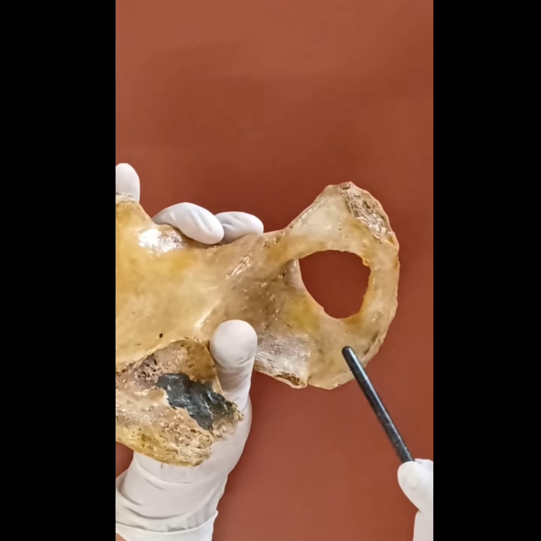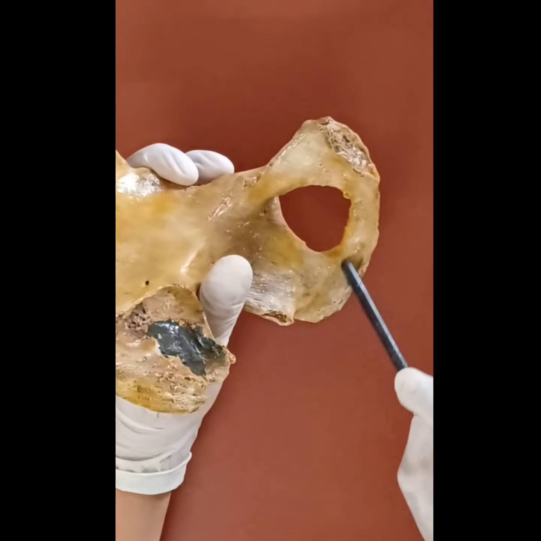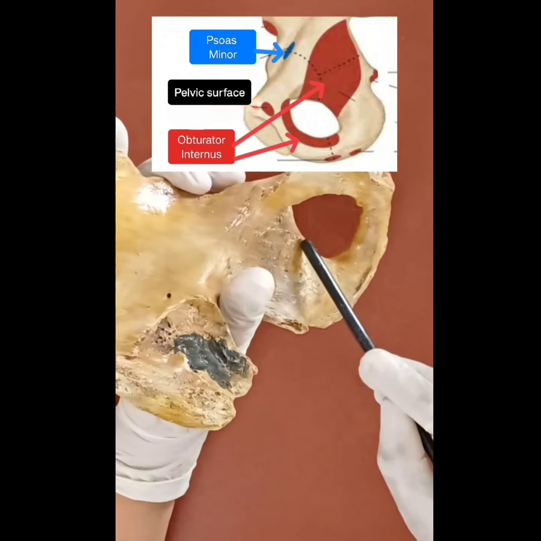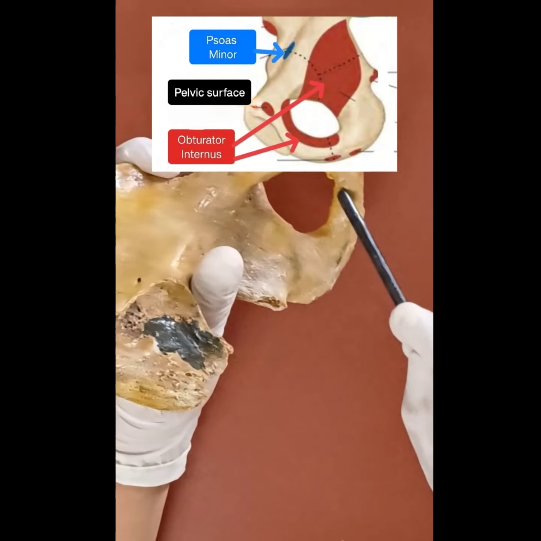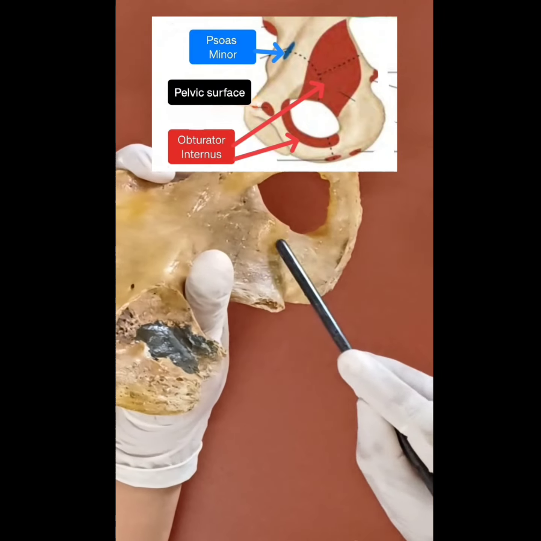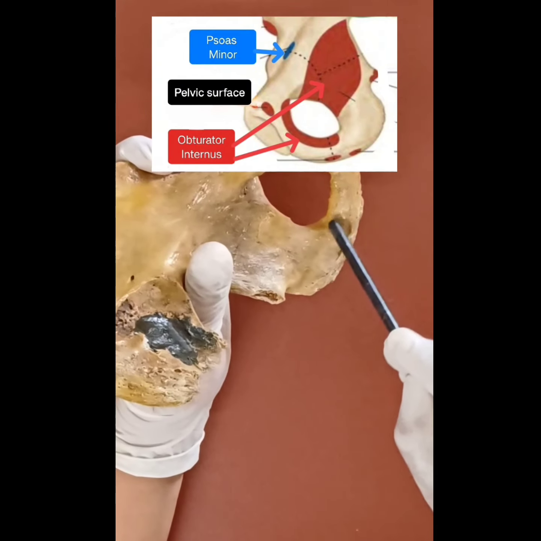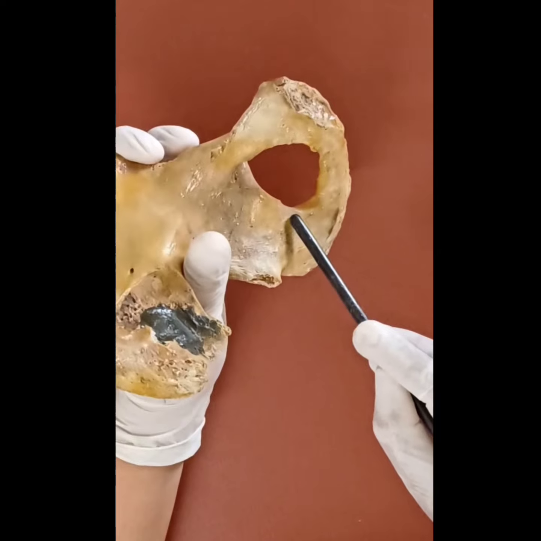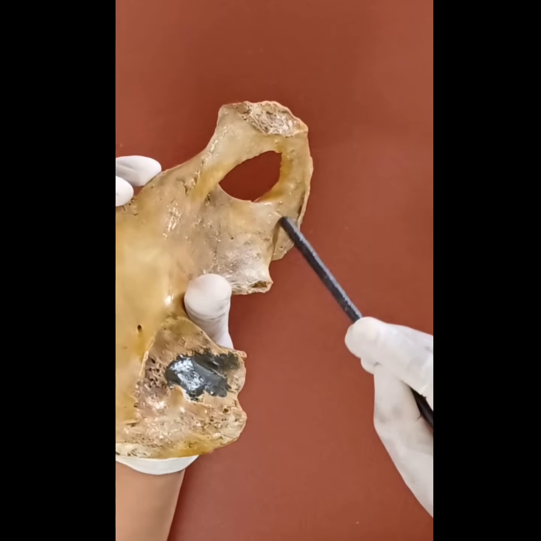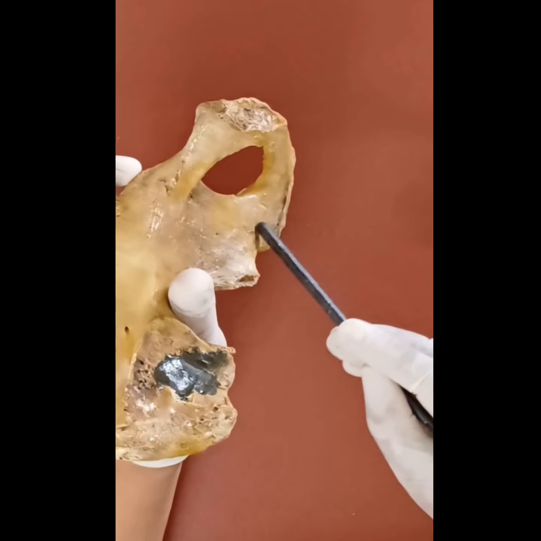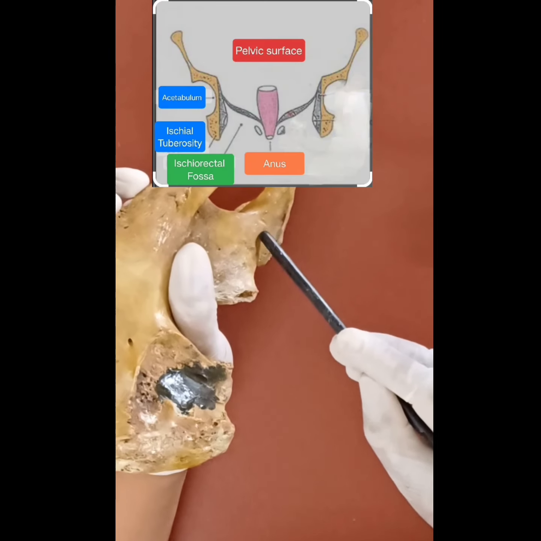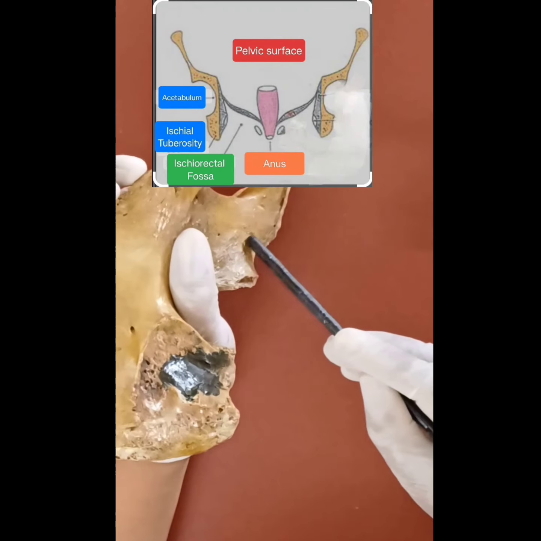Attachments of the pelvic surface. The pelvic surface gives origin, at the boundary of the obturator foramen, to the maximum fibers of the obturator internus muscle, and the lower part of the pelvic surface is related to the ischioanal fossa.